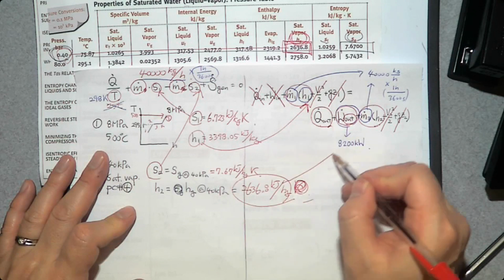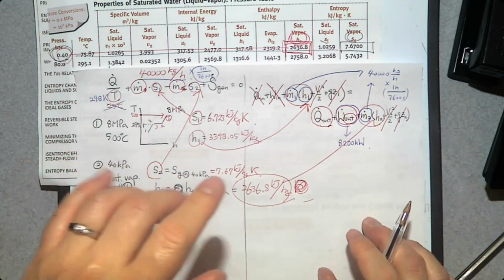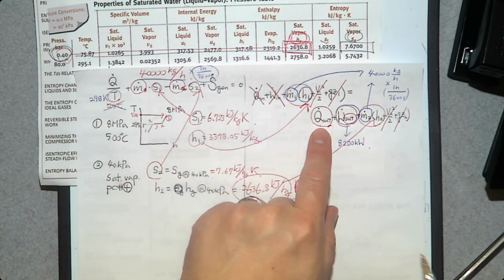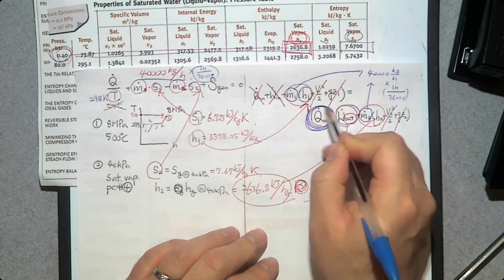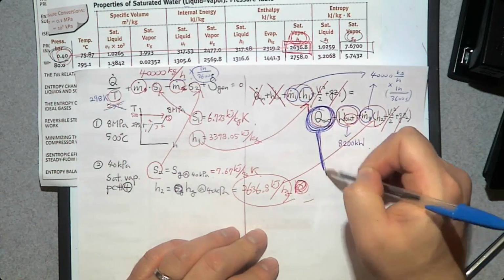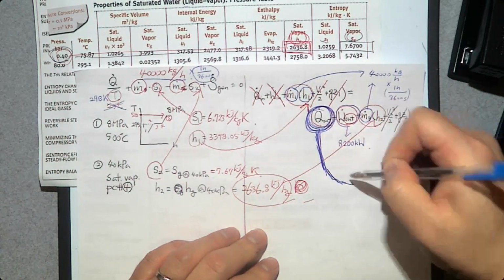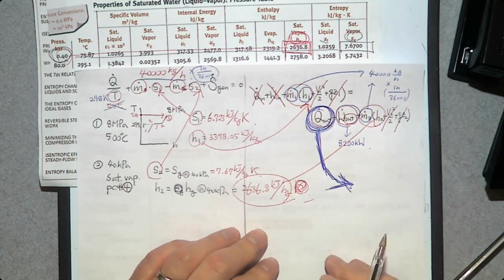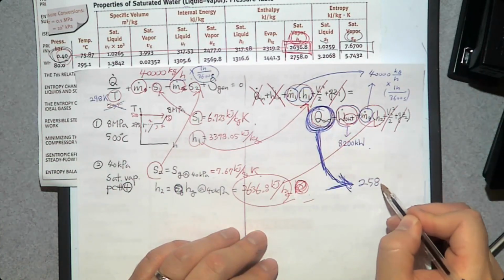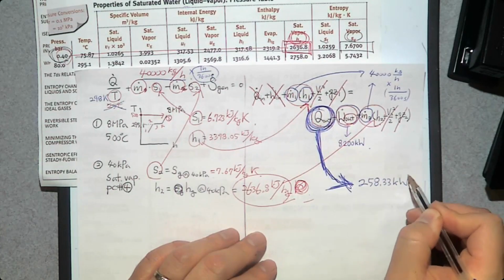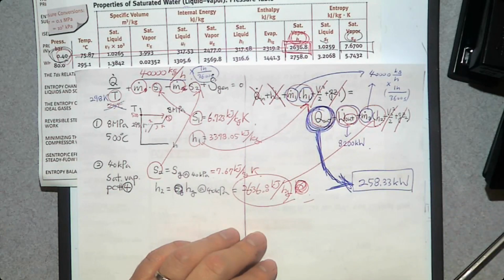So this one goes here. So we have everything. Can you determine the rate of heat transfer? Yes, you can determine the rate of heat transfer. What is it? 2,580.33 kilowatt. And now this one goes, I like this one.